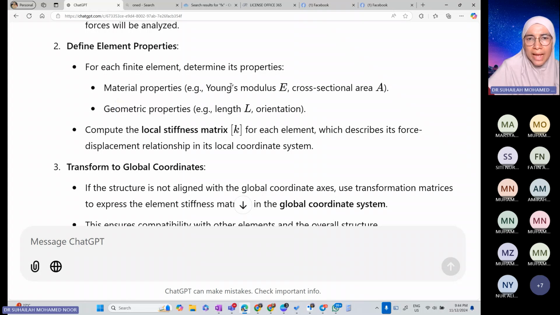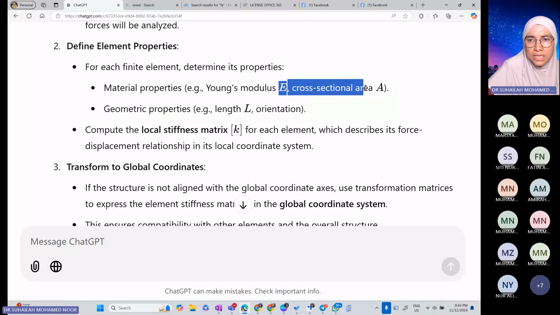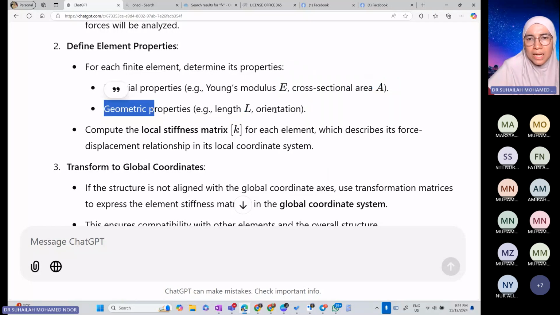So this is actually the three factors that can influence the results. Means that these are the three factors that can influence displacement. Displacement berubah, reaction also berubah. Okay, means that tiga faktor ni. Material properties adalah E and A, Young modulus, and also cross-sectional area. And then geometric properties adalah length of the member.